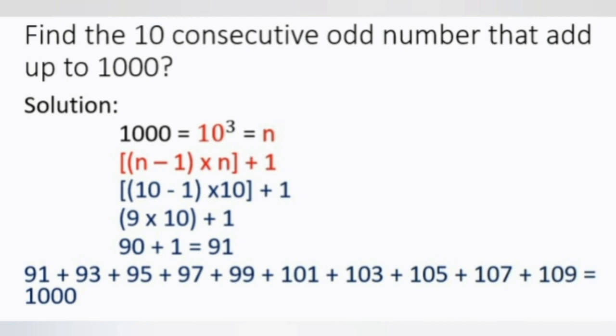So 9 tens are 90. 90 plus 1 is 91. That means my consecutive numbers will start from 91. See, 91, 93, 95, 97, 99, 101, 103, 105, 107 and 109. And when I add these 10 consecutive odd numbers, it will add up to 1000.